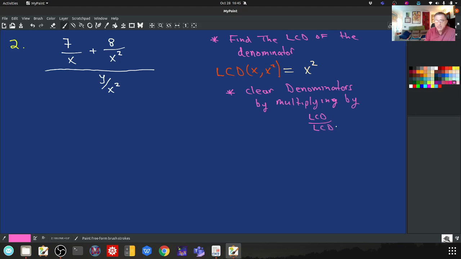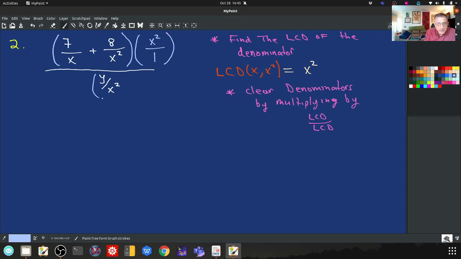The LCD divided by the LCD is 1. So that's what I'm going to do. Since this is a sum of two terms, I'm going to put those in parentheses, and I'm multiplying it by the LCD. The LCD is x squared. And it might help you if I put x squared over 1.